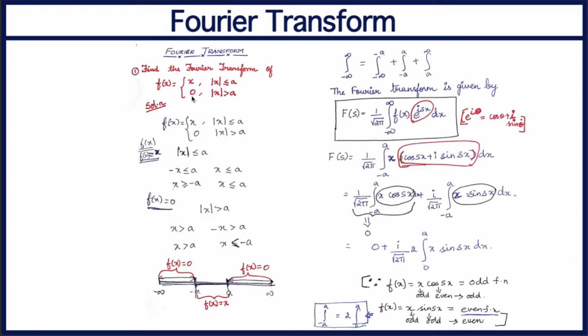And the next part is f of x is equal to 0 when modulus of x is greater than a. Modulus of x greater than a means you have a positive as well as a negative. For positive it is x greater than a, and for modulus it's again a negative, minus x greater than a. So x greater than a, and this we are going to change.